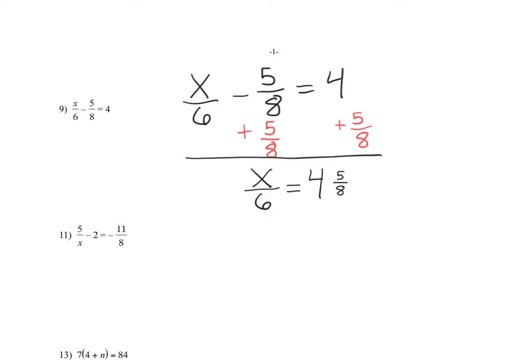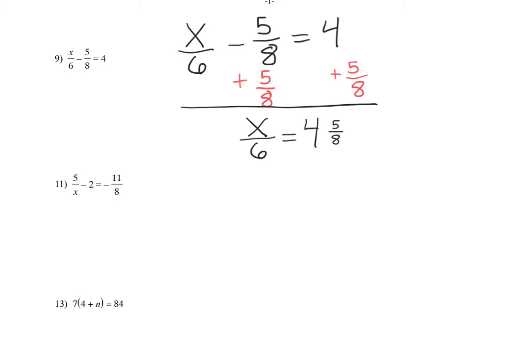It's not very helpful to have a mixed number here, so let's change this 4 into eighths so that I can add it to the 5/8. To do that, I'm going to rewrite this 4 as 4 over 1, and then I'm going to put a little plus sign between the 4 over 1 and 5/8.